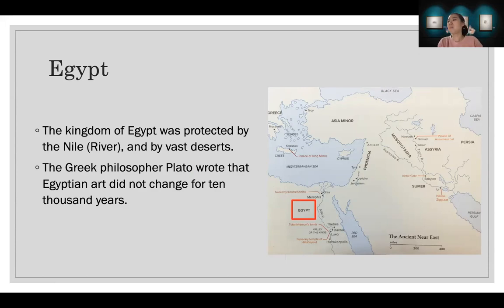So Egypt, during much of its long history, was spared the waves of immigration and invasion that continually transformed Mesopotamia. The Greek philosopher Plato wrote that Egyptian art did not change for 10,000 years.